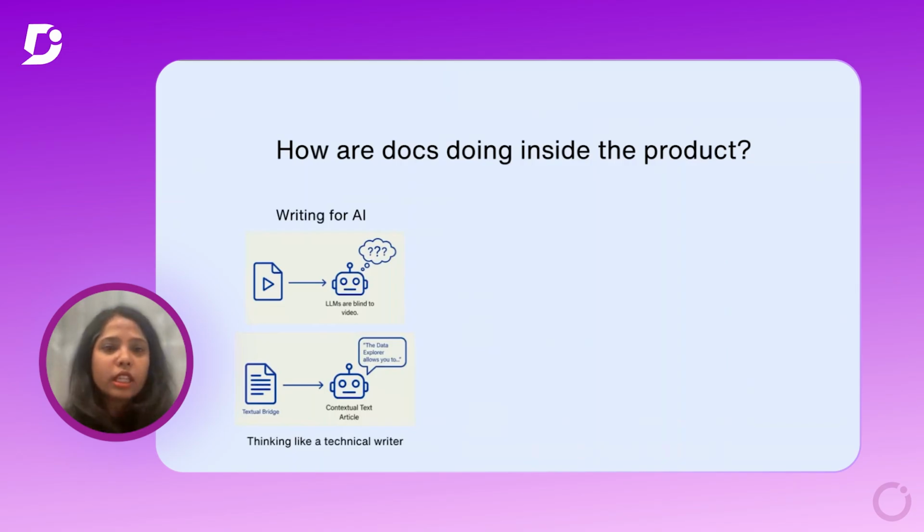Or if you're having screenshots, then add some text about it so that the AI knows it. So basically, AI is not missing the context, and you're trying to improve the context as much as possible. The funny thing is, though these docs are inside the product as well, the kind of changes that I'm doing to this documentation is what a technical writer would do.